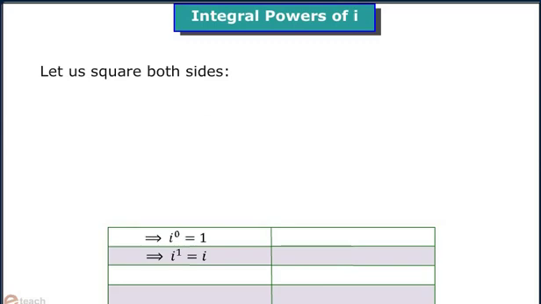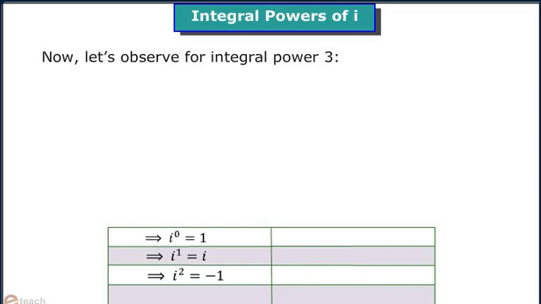Let us square both sides. Iota square equals under root of minus 1 square, which implies iota square equals minus 1. Now, let us observe for integral power 3.